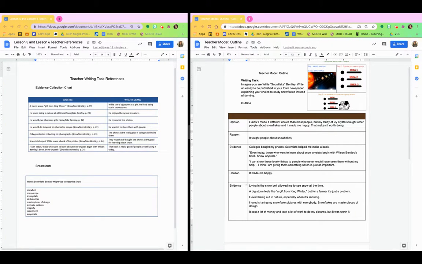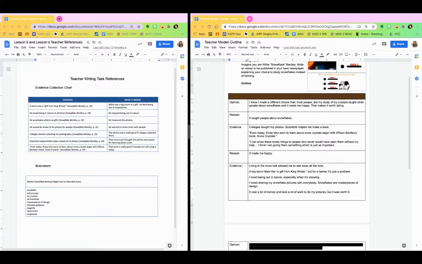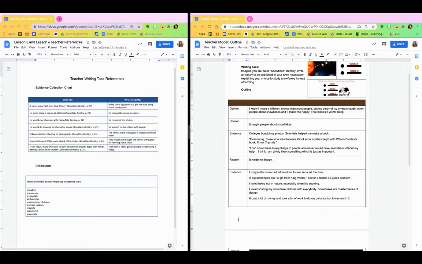Snowflakes are masterpieces of design. And then 5, it cost a lot of money and took a lot of work to do my pictures, but it was worth it.